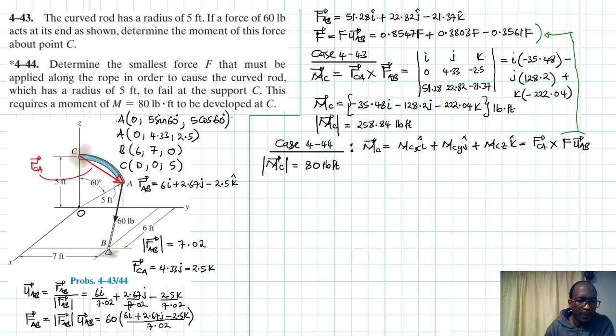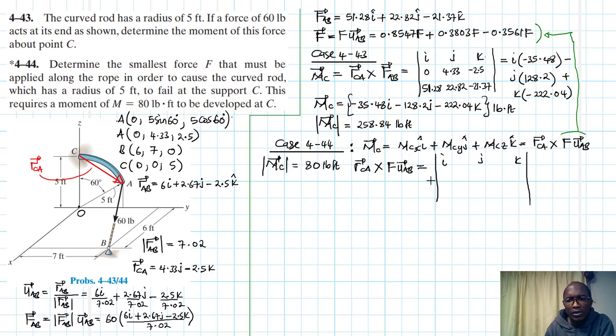Alright, so RCA cross FUAB, which we already found. This is going to be equal to, let's plug it in our tool, because there are a lot of decimals there.